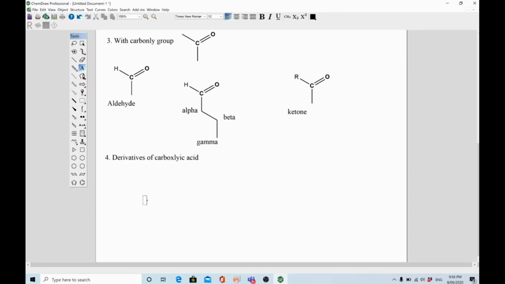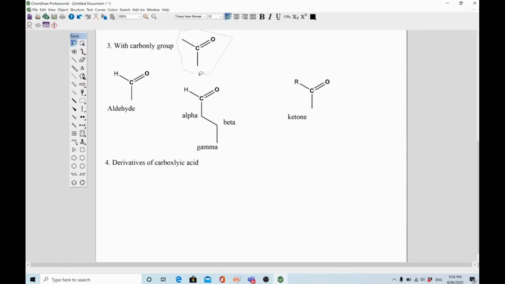These contain the carbonyl group, but they come mainly under this family, so let's divide them into a fourth category. By the way, you can classify them according to your own choice. This is not the final thing; use whatever works for you or is easy to identify.